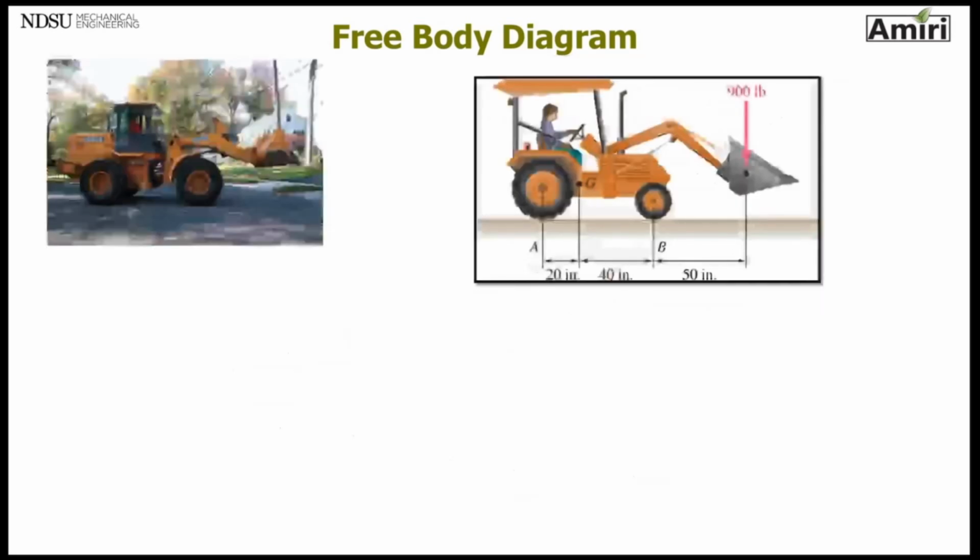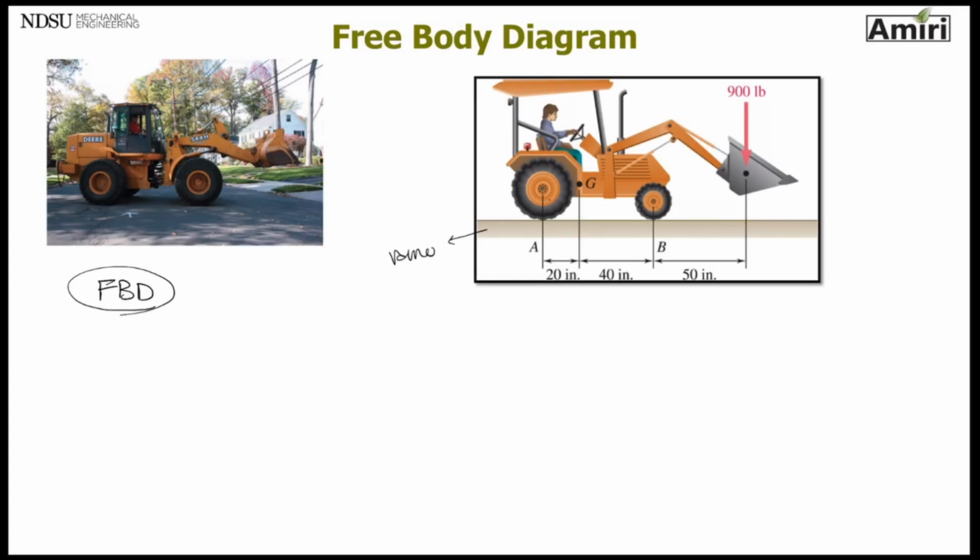Let's look at another one. So a loader, or to the right. The idealized situation is a skid loader. It is carrying some load of 900 pounds in its bucket. We are trying to draw a free body diagram. So let's see. Free body diagram of the whole thing. So step 1, isolate, remove the support, which is the ground.